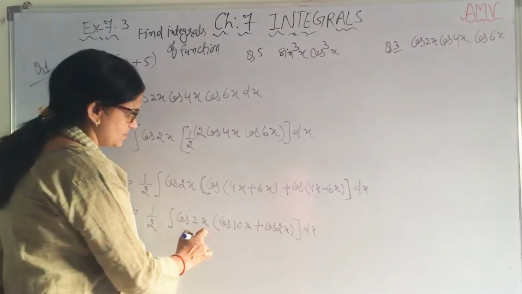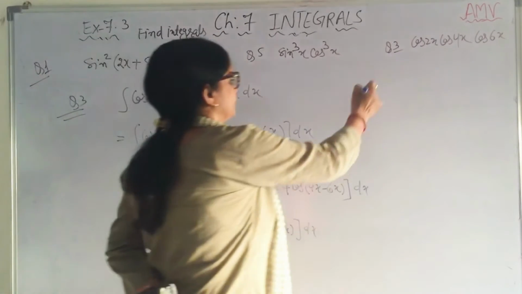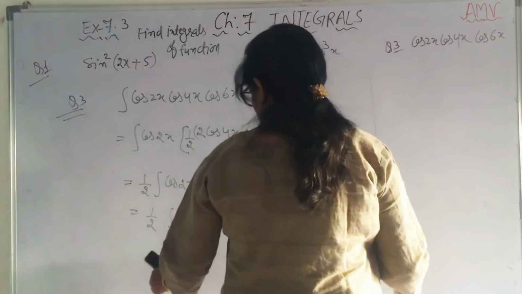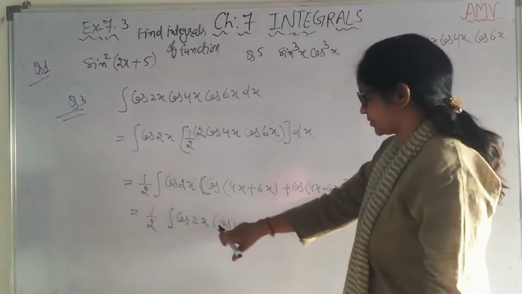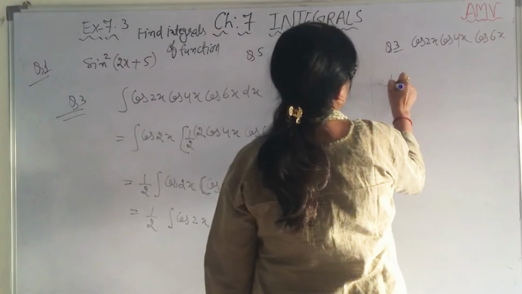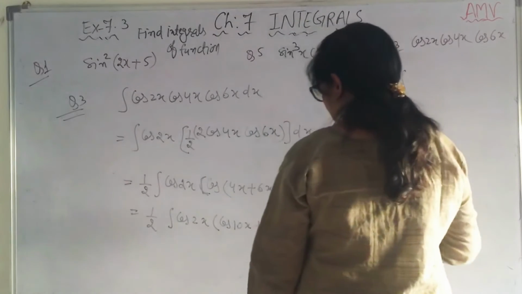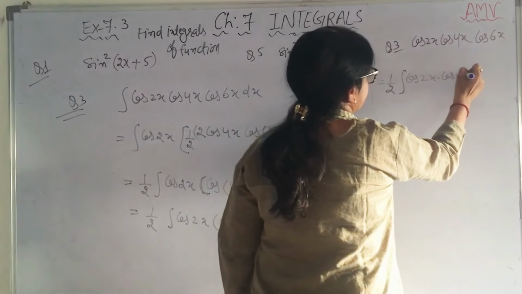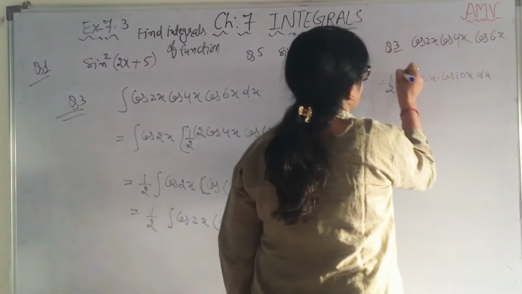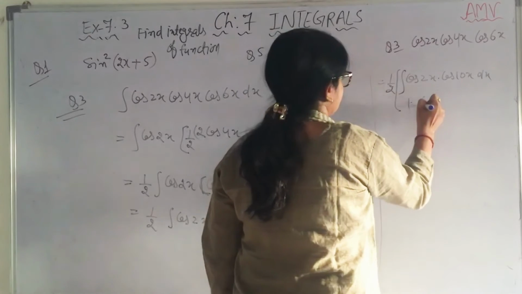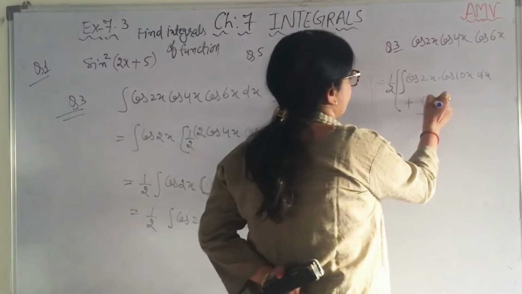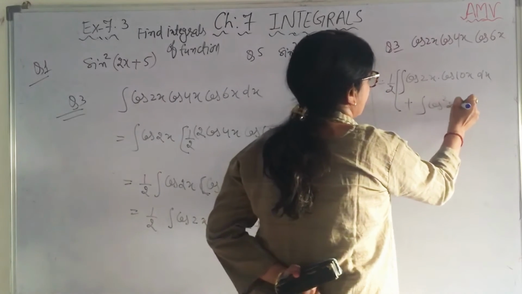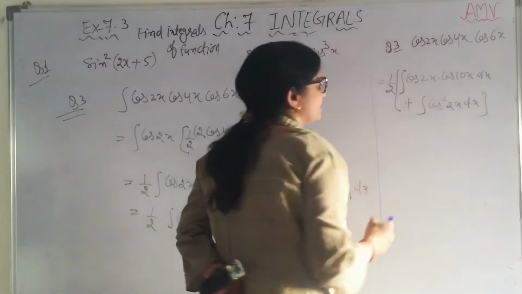Now next, again multiply these terms. Opening the bracket, you will get 1 by 2 integration of cos 2x cos 10x dx, plus integration of cos square 2x dx.